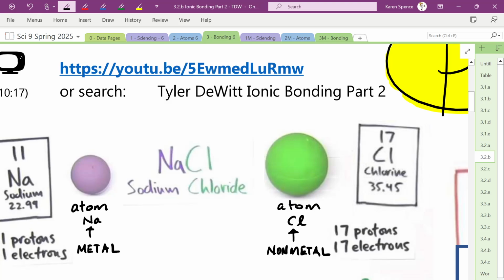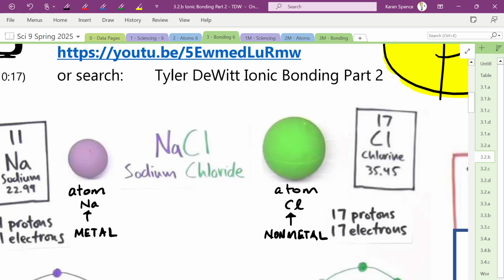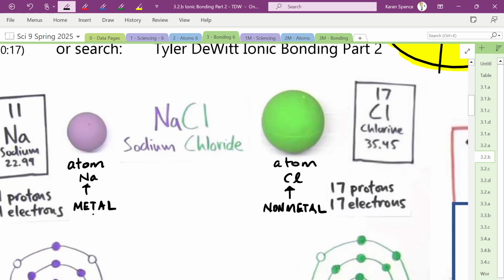And when you put a metal together with a nonmetal, what type of compound do you get? Tell your partner. Metal plus nonmetal.